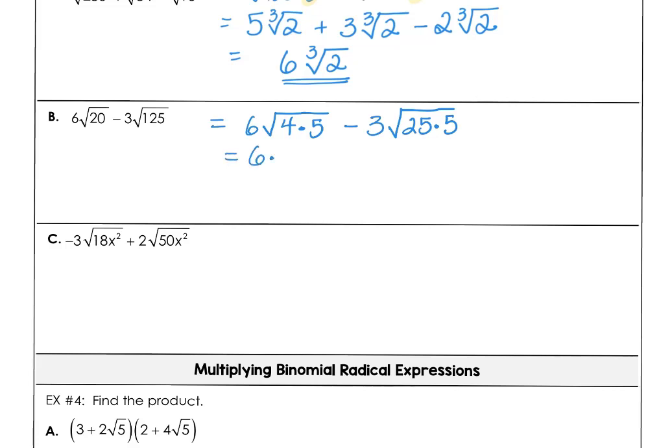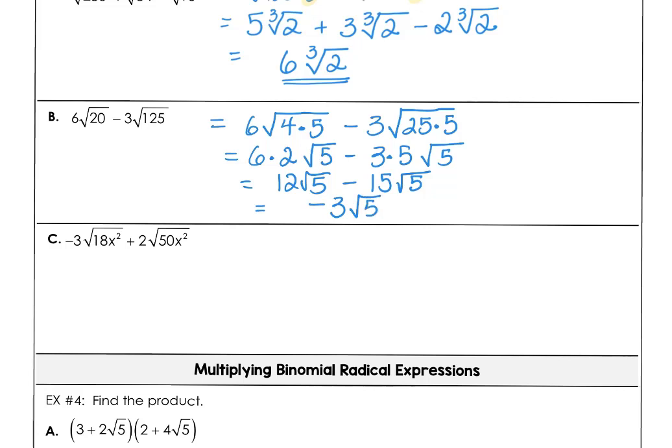And simplifying, this would be 6 times 2 times the square root of 5. So 12 square roots of 5 on this term. And this would be 3 times 5 times the square root of 5. So minus 15 square roots of 5. And simplifying one last time would be negative 3 times the square root of 5.